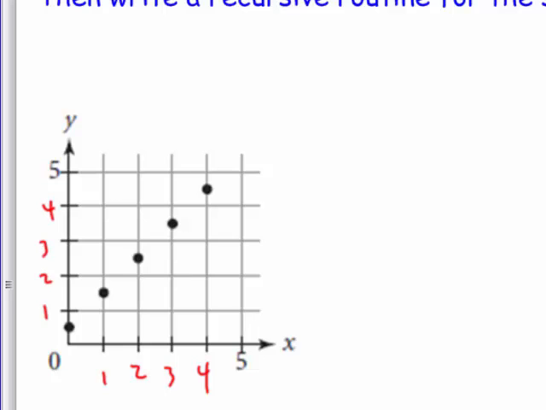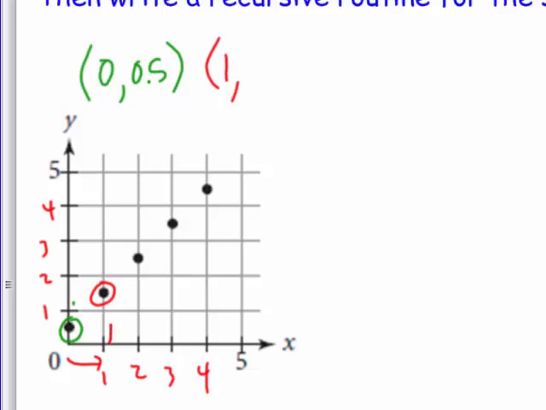So this first point right here would be what point? Did it go over in the x at all? No, it didn't move left or right. What about its y? It went up halfway, so 0.5. What about the next dot? That's over 1 in the x direction, and then it went up just past 1, but not quite 2, right in the middle, so 1.5.